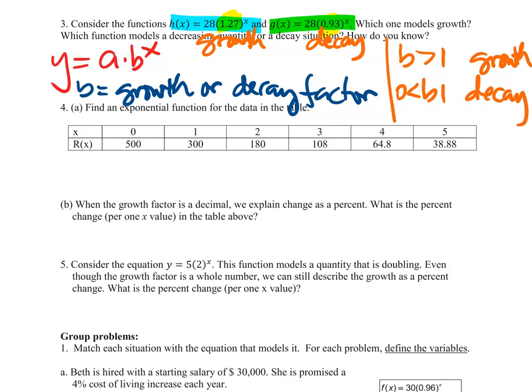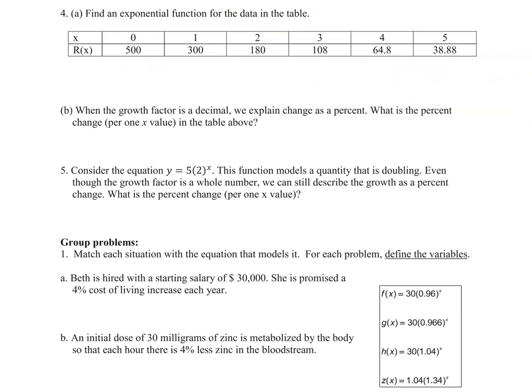Okay. Next, number 4. Find an exponential function for the data in the table. So given x from 0, 1, 2, 3, 4, and 5, r of x is 500, 300, 180, 108, 64.8, and 38.8. It's decreasing. And we know again our general form of an exponential equation is y equals a times b raised to x, where a is the y-intercept of the function, that is also the initial value.